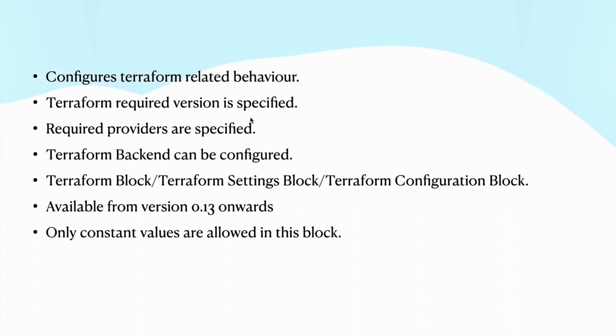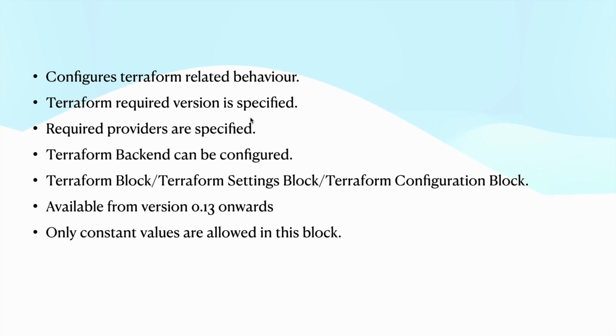Now the next thing that we can configure is a backend. Now what is a backend? Whenever we are running Terraform in our local system, there is a state file which is generated which keeps track of all the resources. It is generated in the same folder in which our configuration files are. However, if we want to collaborate with some of our peers, then we need a shared repository where we can store this Terraform state file, and that shared repository is called a Terraform backend.